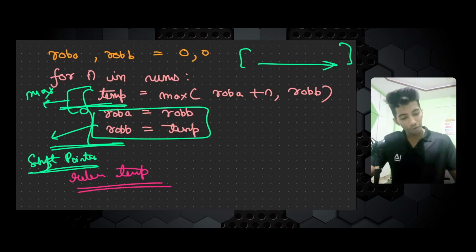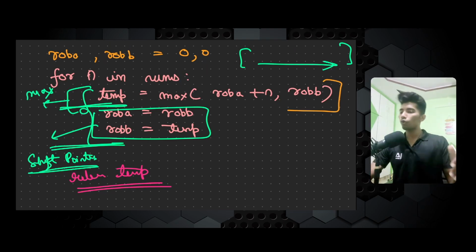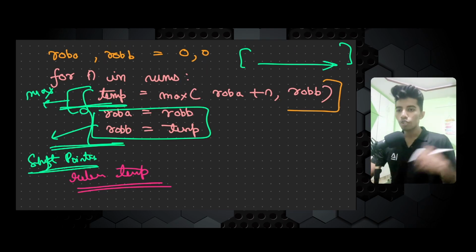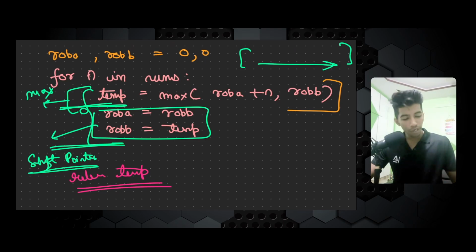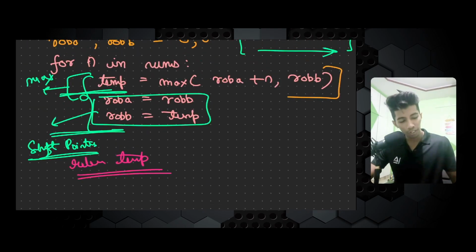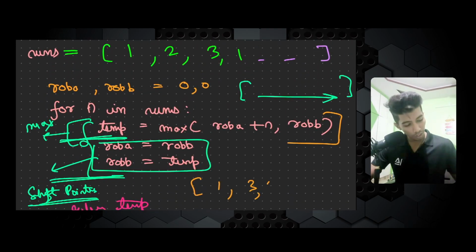So now we are making use of dynamic programming here. This is the basic approach, a very basic problem. Now I think you understand how this is solved. Again I am telling you, let me make a dry run for you with 1, 3, 2.